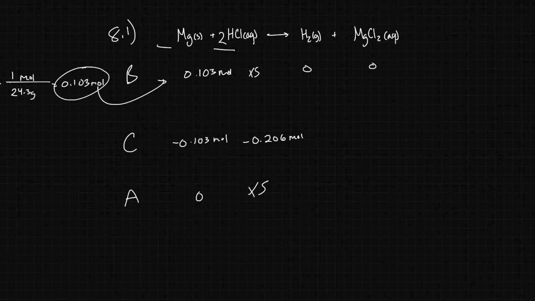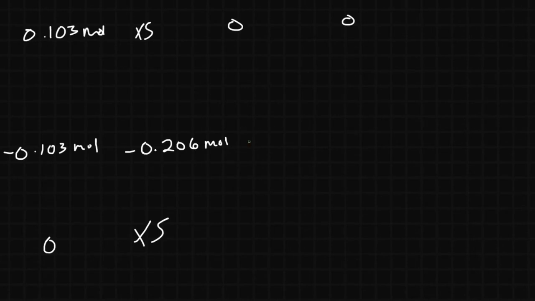One of the tips that I've been telling people is, if you look at these coefficients up here, the 1, the 2, the 1, the 1, if the coefficients are the same, then the change row has to be the same. If one of these makes one of these, then 0.103 moles of these will also make 0.103 moles of these. Now notice this is positive because we're making it instead of destroying it.